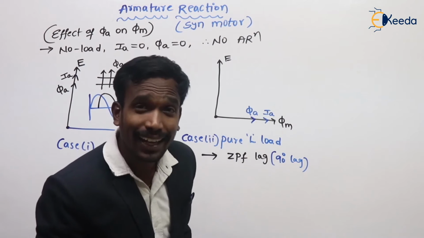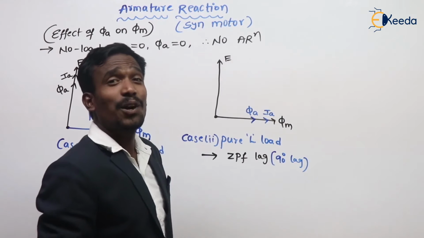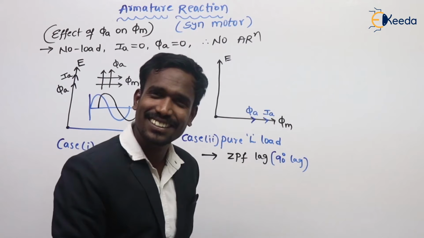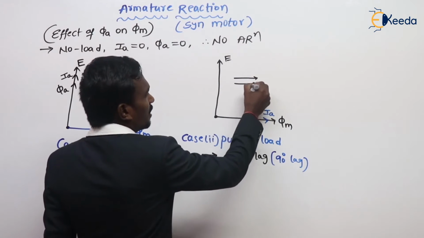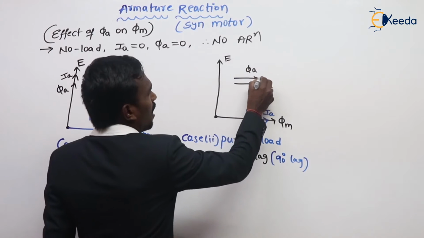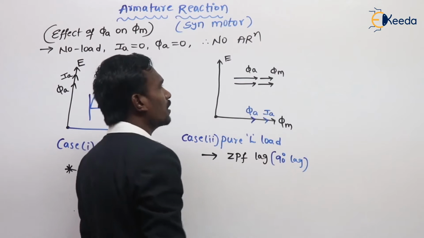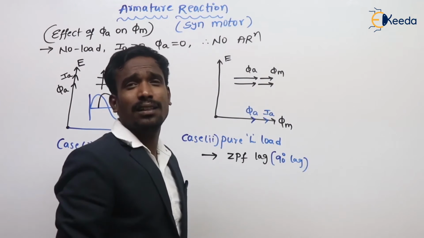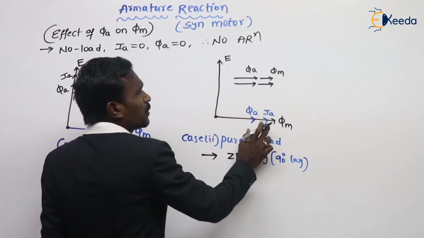Then see here, what is the effect of armature reaction? Observe: this is the direction of armature flux and this is the direction of main field flux. Both are in the same direction, both in an additive manner. Yes or no? Both are in phase with each other.